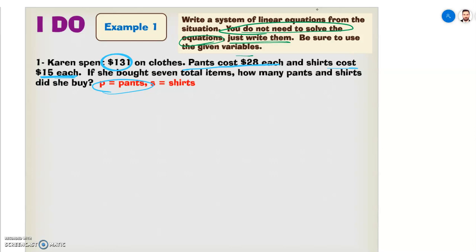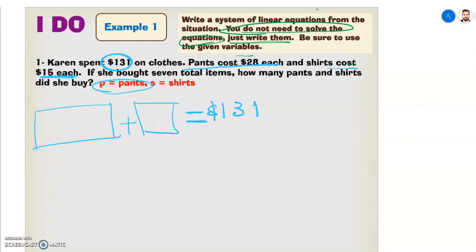Karen spent 131, so the total that she spent is $131. She spent it on pants and shirts.